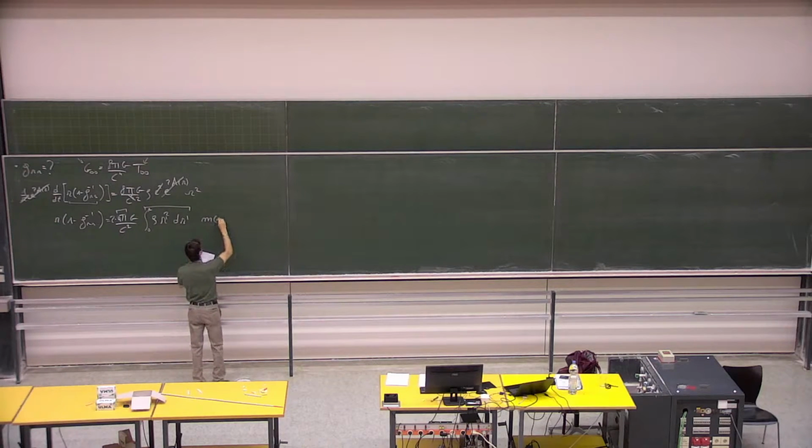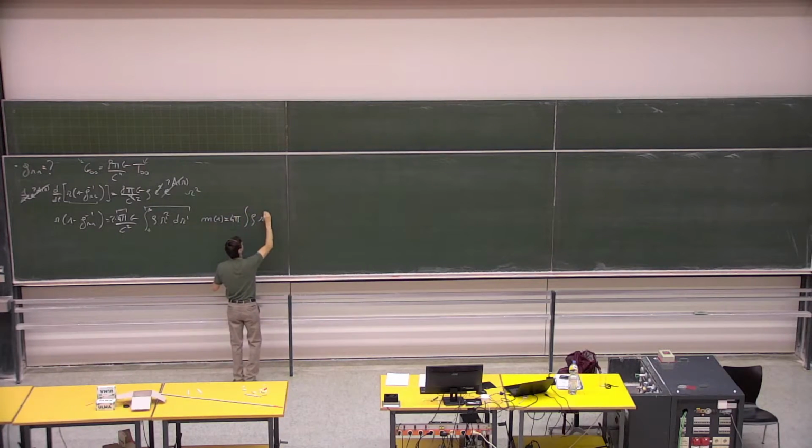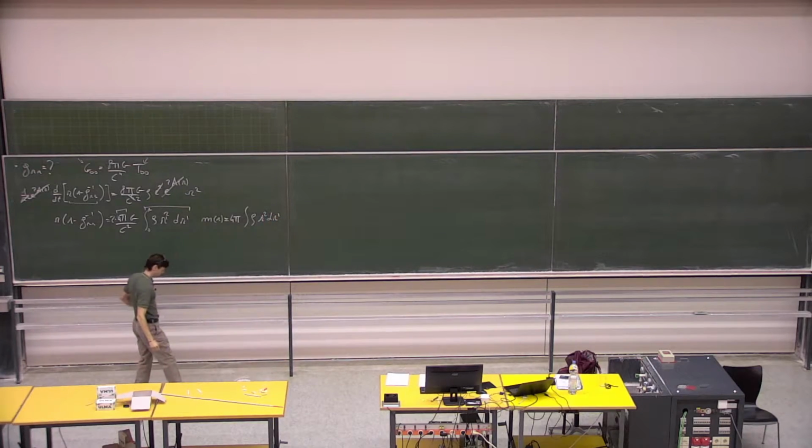Therefore, we can define M(R) as 4 pi integral of rho R prime squared dR prime. This is the source.